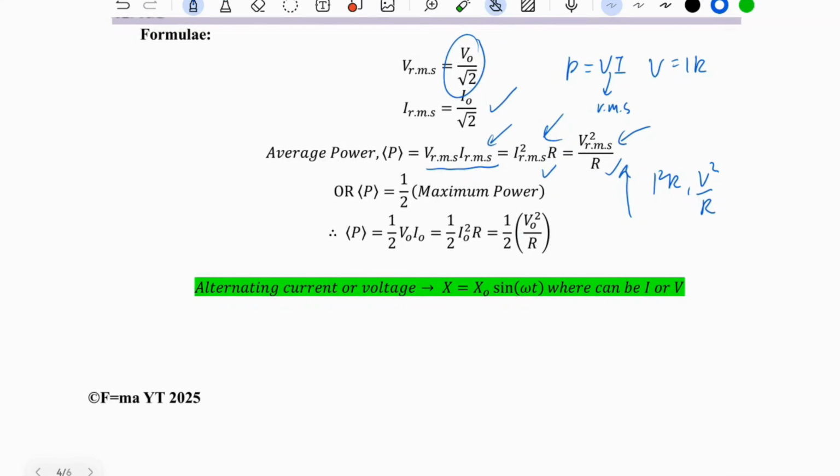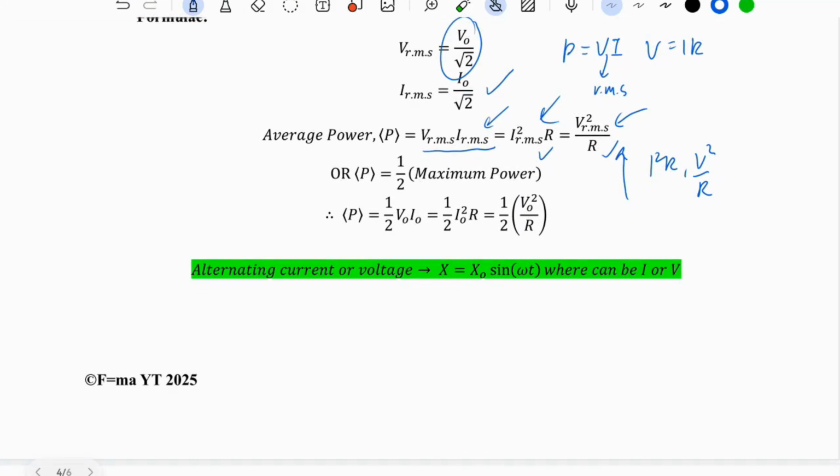Another thing to note is average power is also half of maximum power. So since it's half of maximum power, we can also use half times the maximum power. So maximum power is V naught I naught, because maximum potential difference multiplied by maximum current will give you the maximum power. Same thing, if you modify this, you can get 3 different variations of the equation as well.